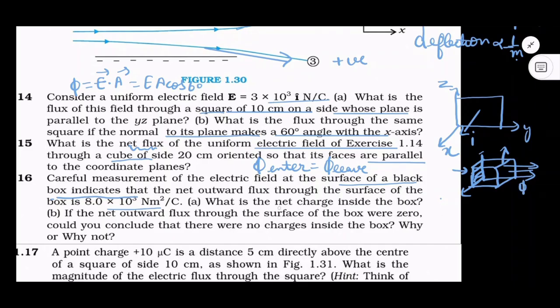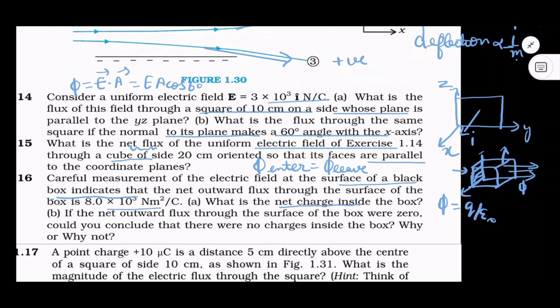What is the net charge inside the box? We have to calculate the value of q enclosed inside the box. Now it is a closed object, so we can definitely apply Gauss law, which states that phi equals charge upon epsilon naught. So we just need to substitute the value of phi and cross multiply in order to get the net charge.